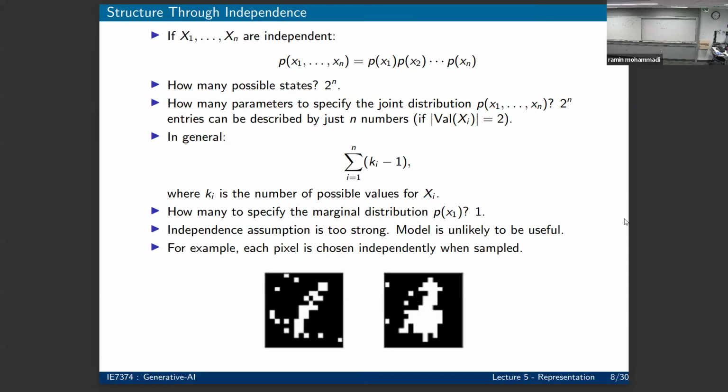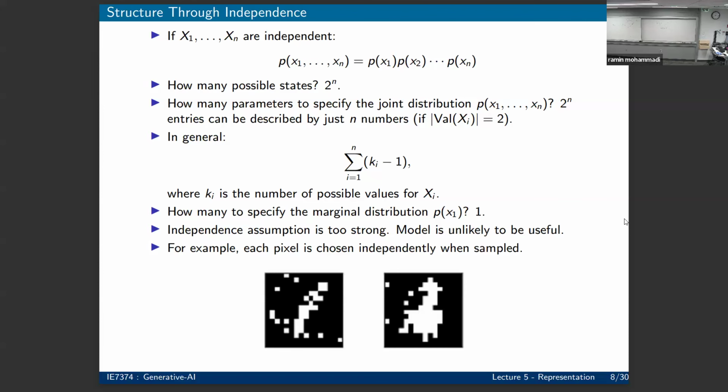We still have 2 to the power of n states, because a state is not a parameter. It's how many ways you can frame this image: 2 to the power of n ways. But how many parameters do you need to describe it, given that they are independent? You only need n, right?